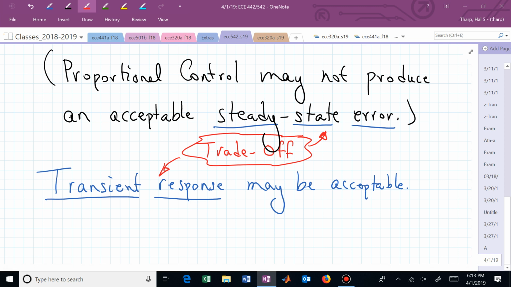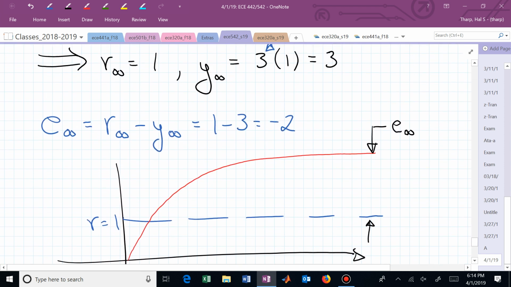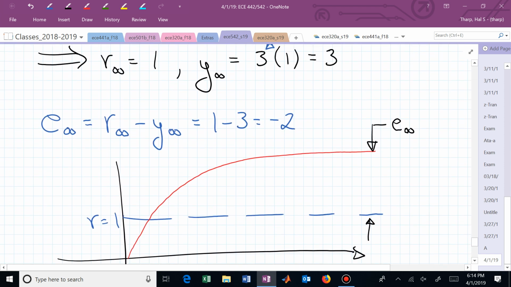So now what the question was, I think, was where did this error come from? I just drew it quickly, but what did I try to show? I tried to show that this is now y of infinity, which I calculated to be 3. That's the final value of my output y. And this blue dashed line is r at infinity. That was my reference input.